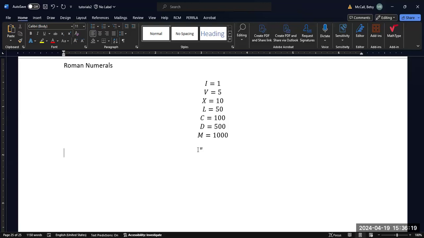So you will copy the unit, like if you're doing a 1 or a 10 or 100 or 1,000, up to 3 times in order to get representations of 2 or 3. But when you get to 4, you don't do 4 copies of the 1. You do 1 copy less of the next thing up, which is 5.